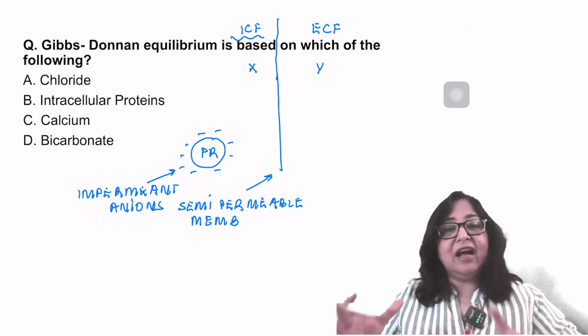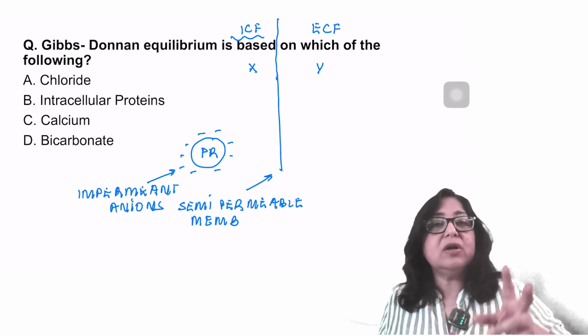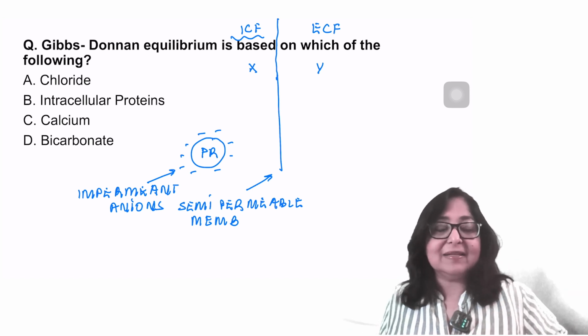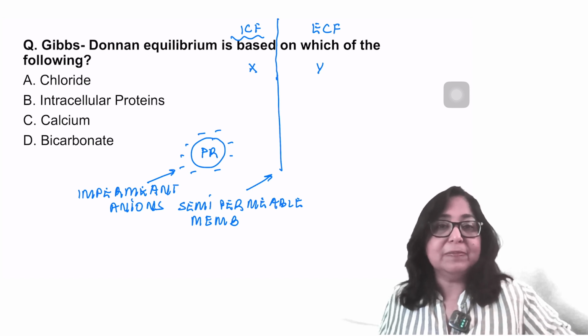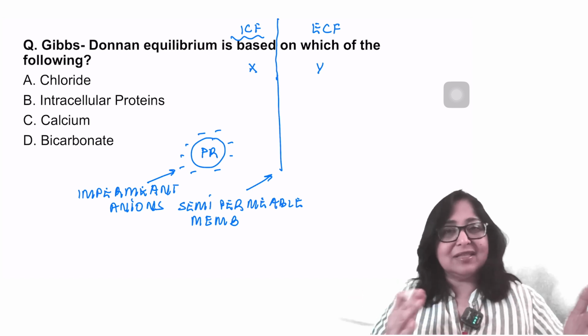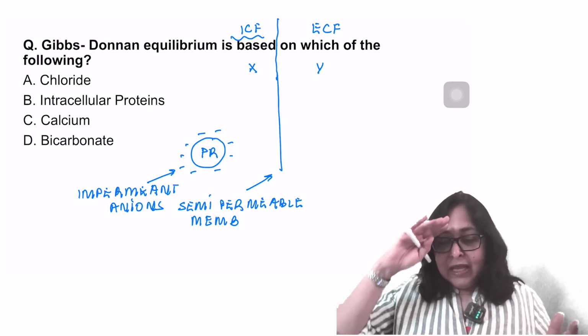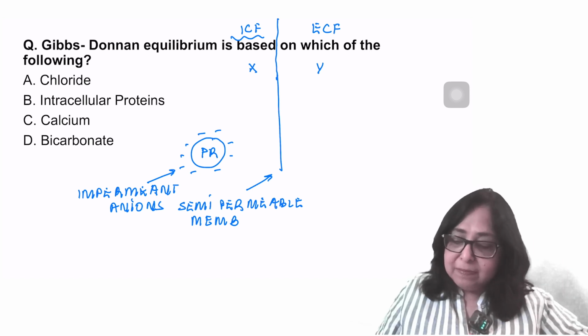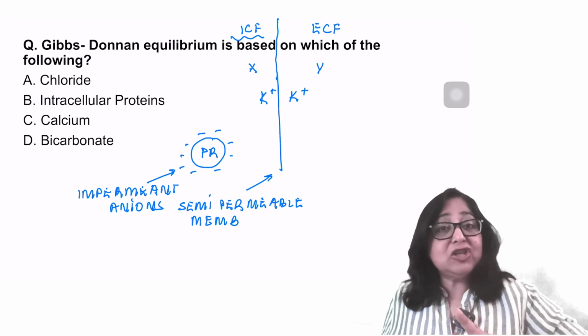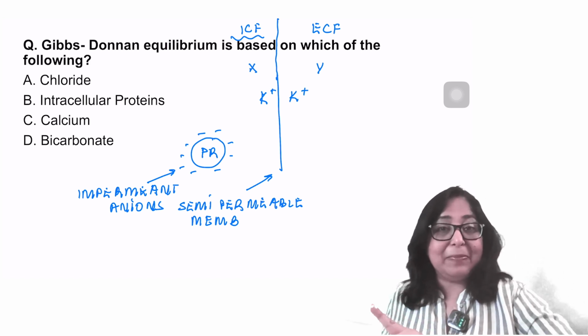Now, this affects the distribution of a pair of diffusible ions. What are diffusible ions? Those which can cross the cell membrane, right? So let's see, what is this Gibbs-Donnan equilibrium? Just for the sake of explanation, imagine that potassium is equal on both sides. Potassium is diffusible. It can move across the cell membrane.